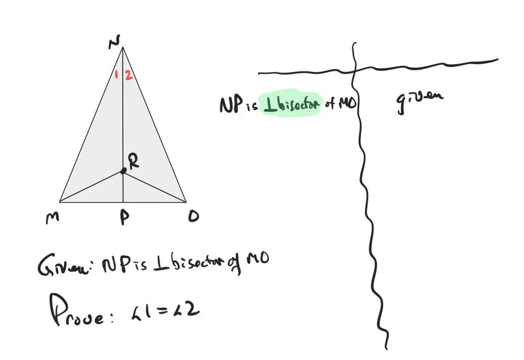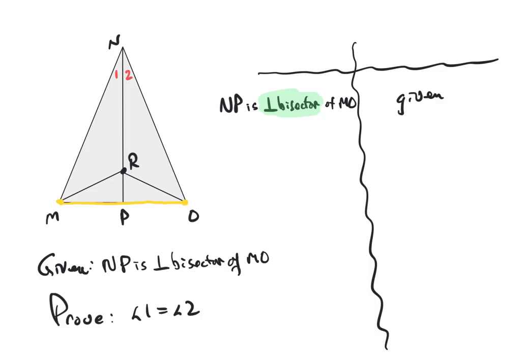So what I want you to think of is the original segment as being the bottom of the triangle. And I'm going to put it in a different color just so it's highlighted. So I'm going to ask you to think of the bottom of the triangle, M to O, as being the original segment, and then NP is the perpendicular bisector. Okay?